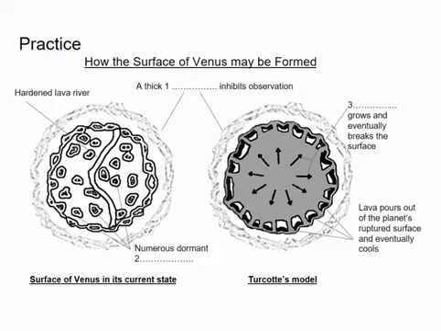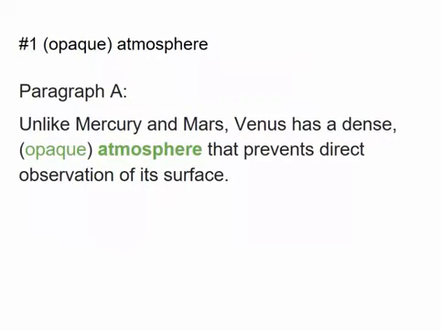To make it difficult to do something. And observation means that you're looking at something or you're studying it in some way. So what is it that we find in the passage that prevents being able to see something or to look at something? Well, we get that quite early in paragraph A, where we have this sentence.